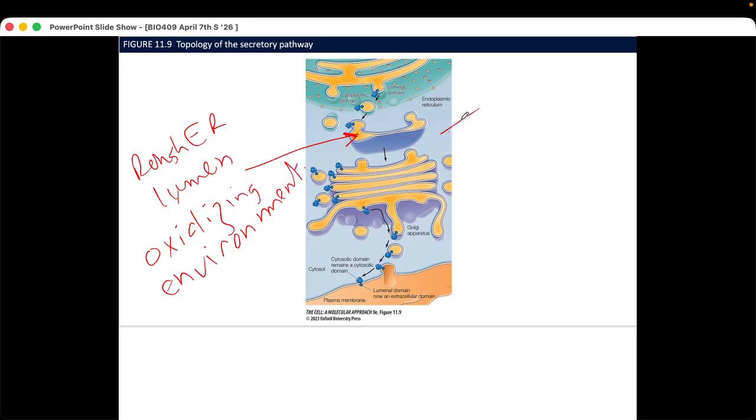The cytoplasm, and in general the inside of the cell, outside of the lumen of the rough ER and outside of some other locations, the cytoplasm is a reducing environment.